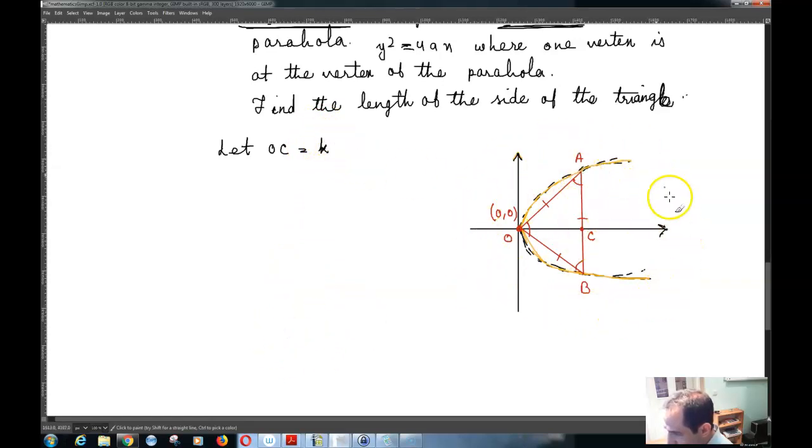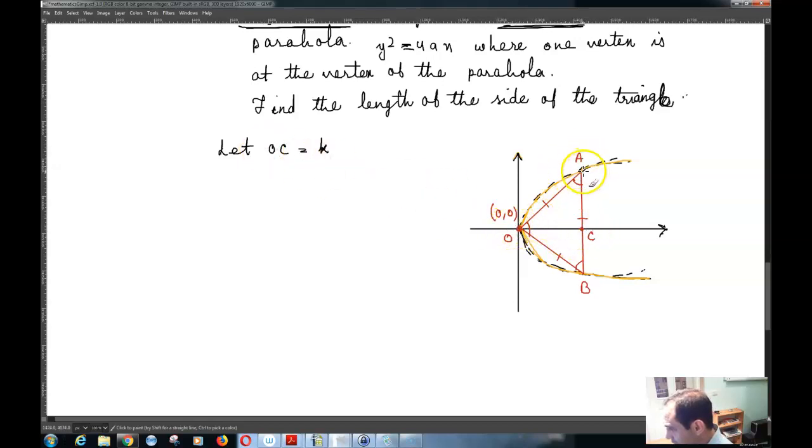So that's basically how and why K is used in solving a problem. So temporarily and arbitrarily, I set OC equal to K.